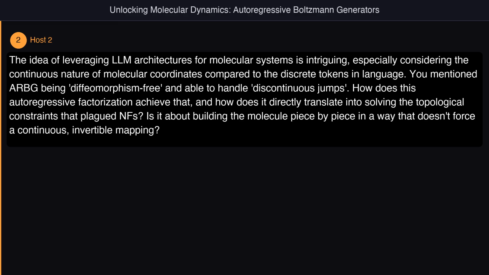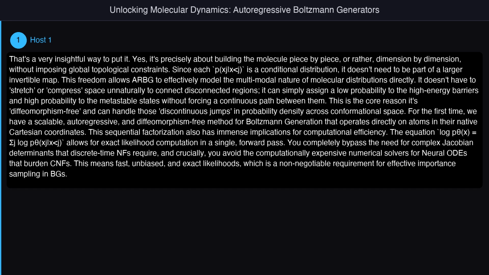You mentioned ARBG being diffeomorphism-free and able to handle discontinuous jumps. How does this autoregressive factorization achieve that, and how does it directly translate into solving the topological constraints that plagued NFs? Is it about building the molecule piece by piece in a way that doesn't force a continuous, invertible mapping? That's a very insightful way to put it.